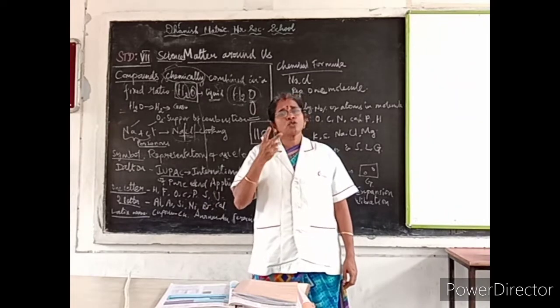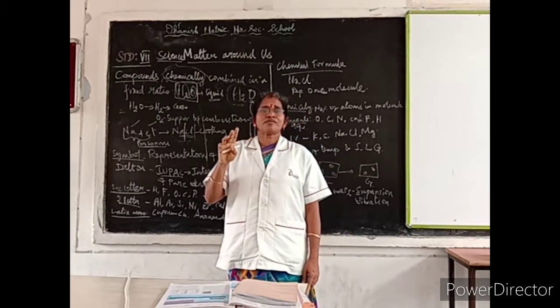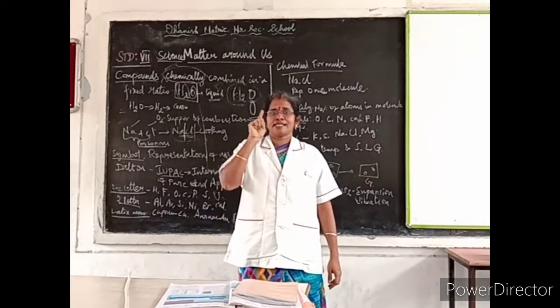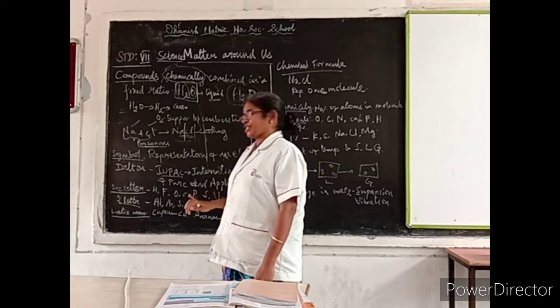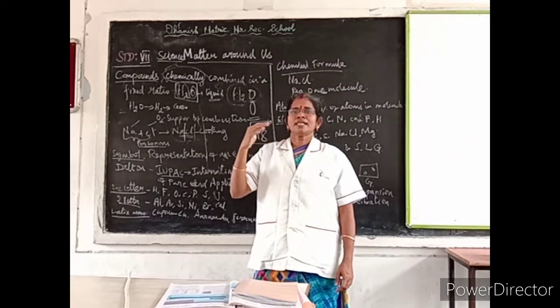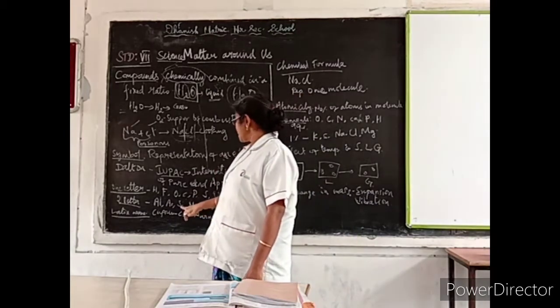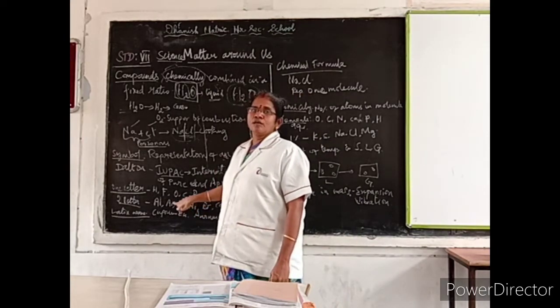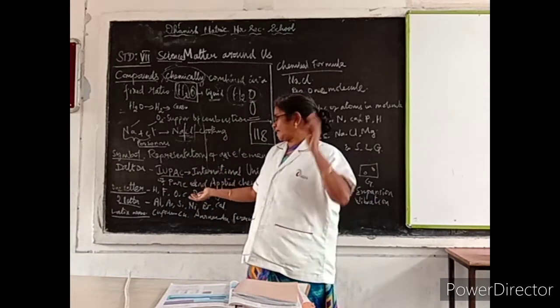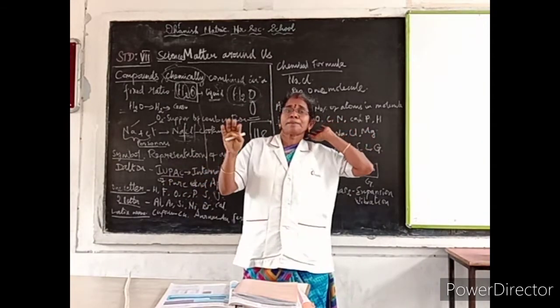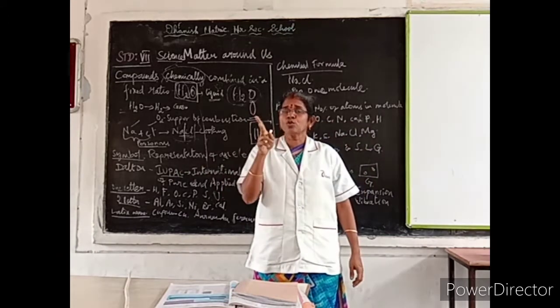The second way of representing the symbol is writing two letters. We use two letters because some elements have the same first letter. For example, carbon and calcium, both first letters are C. Like that, sulfur and silicon both start with S. So how can you represent both elements? In that case, they represent them by writing two letters.